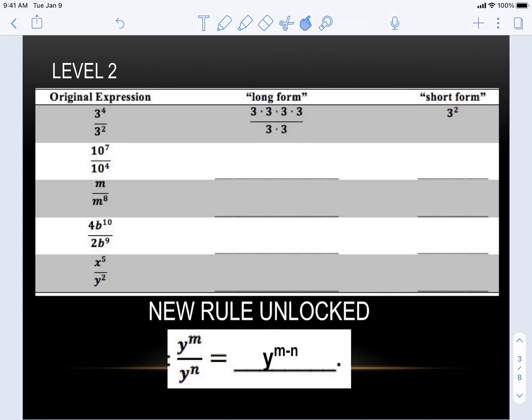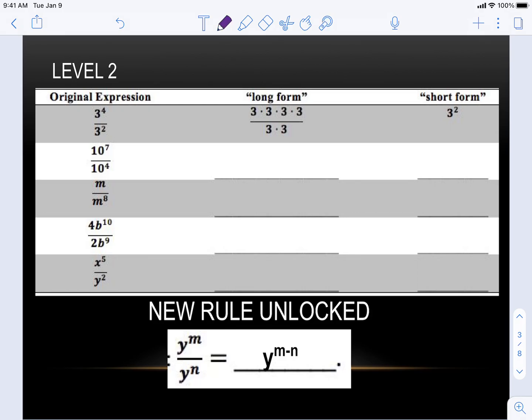All right, so the next one, our quotient power. What happens when we're dividing a number raised to an exponent? So now 3 to the 4th, in our long form it would be 3 times 3, so there's 4 of them, right? 3 squared would be 3 times 3, so there's 2 of them.